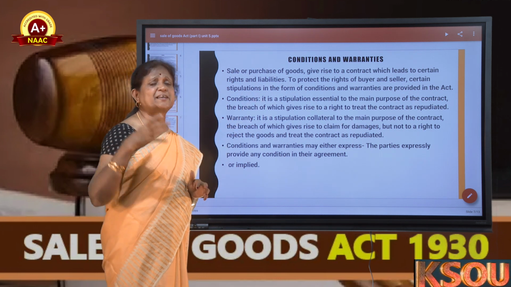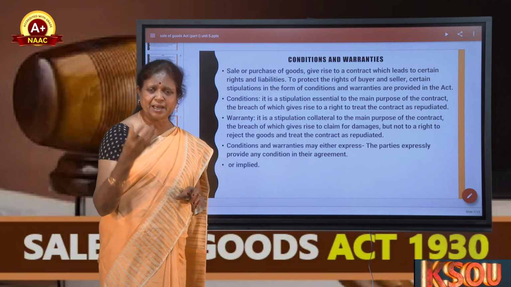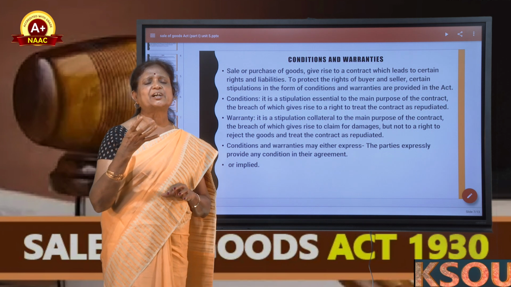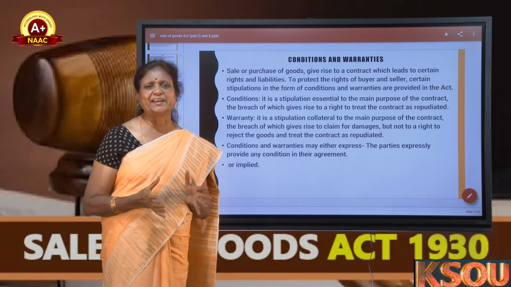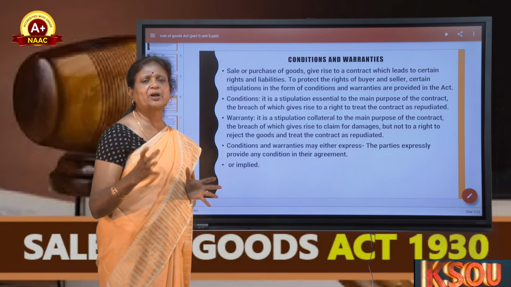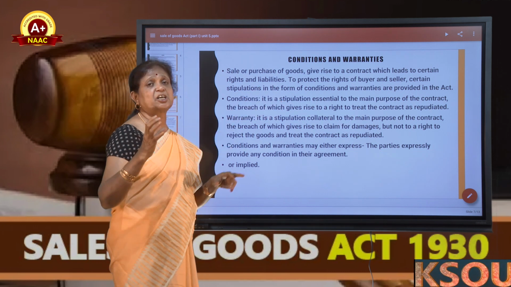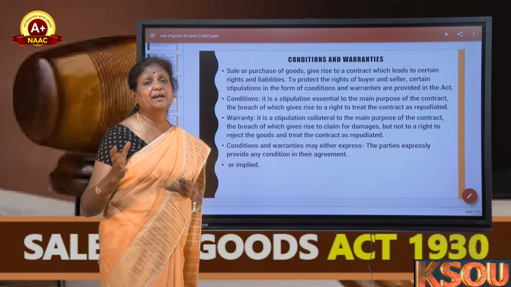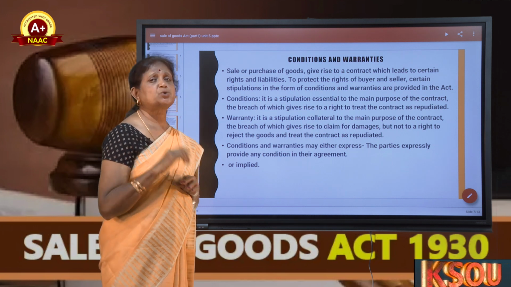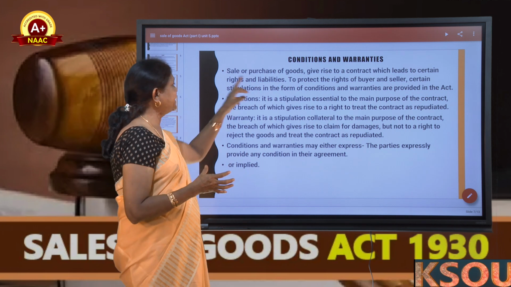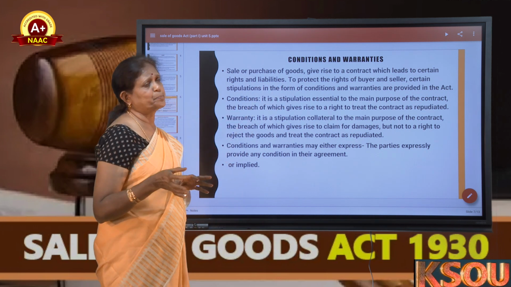Suppose a person is selling bread or sweets in a bakery, the condition is that it is of consumable quality. If any product in the bakery is not of consumable quality, then the condition is said to be violated. So in all cases of sale of goods, condition and warranty are very important.